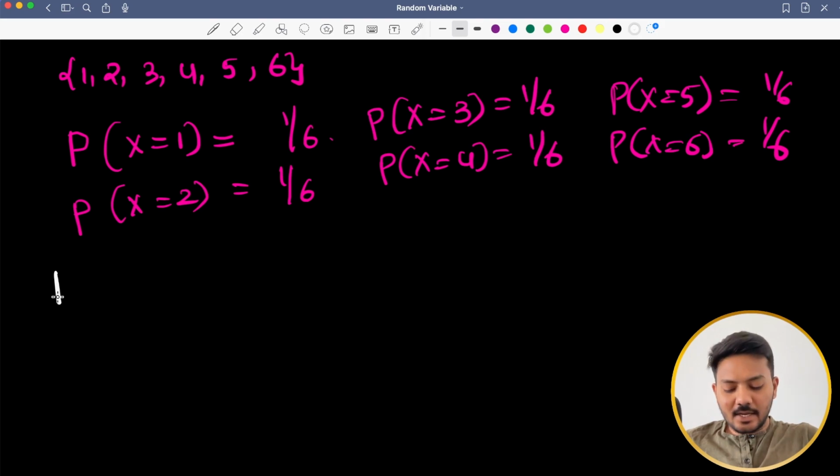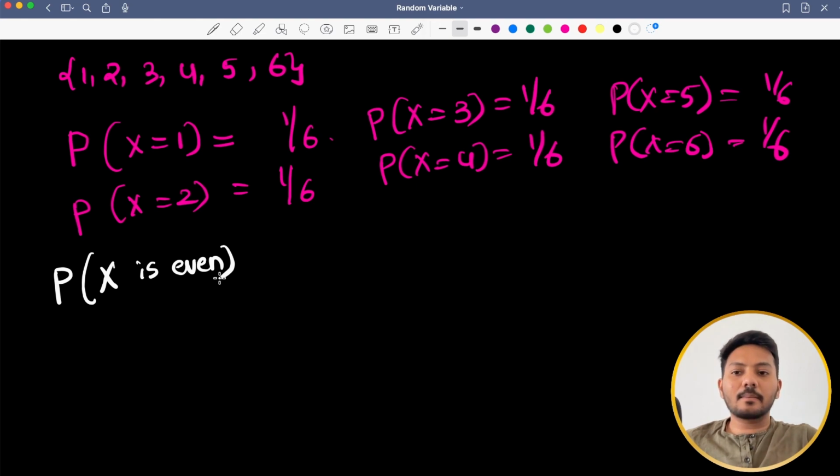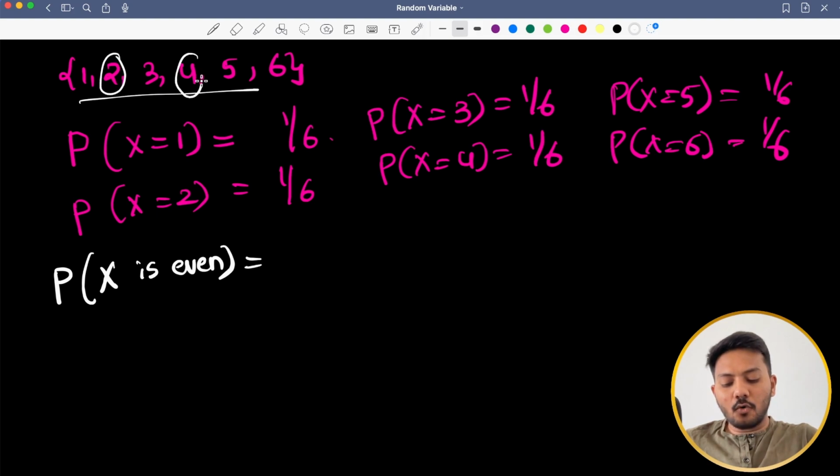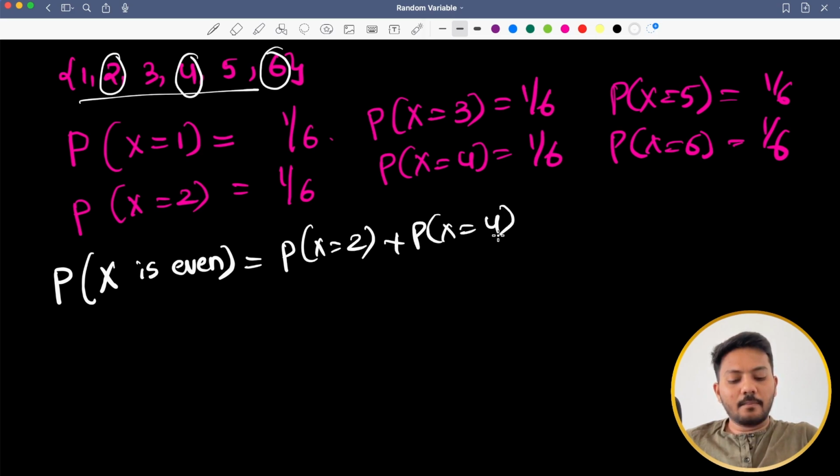So what if I ask what is the probability such that x is even? So what are the things that we have in my set? 1, 2, 3, 4, 5, 6, and out of which 2, 4, and 6 are even values. So this is equal to probability of x equal to 2 plus probability of x equal to 4 plus probability of x equal to 6, right?